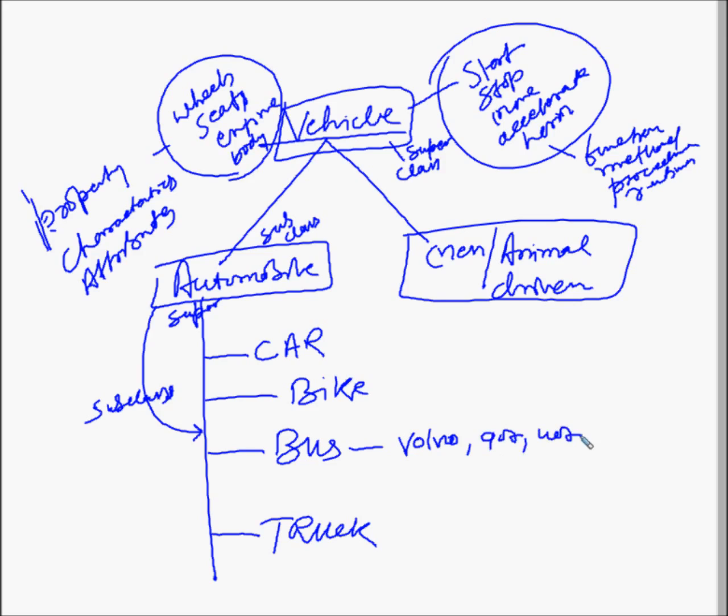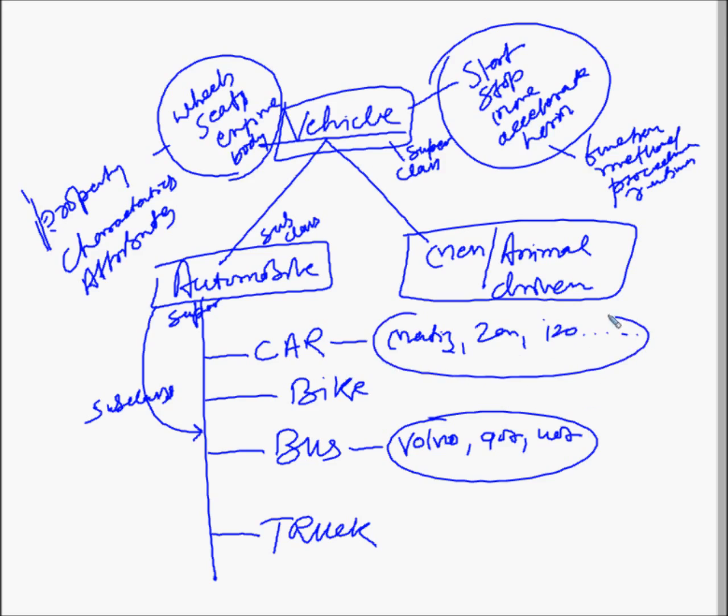These are the bus names. So these are the objects. In a similar way, for car, consider I have a Mercedes, I-20, something. So these are the objects. We are having some identity here, right? Volvo is the bus. So Volvo is the one identity, having some shape, color and all. Some state is there, some size is there, right? And it is having some functionality, whatever functionality is supported by the vehicle, right?